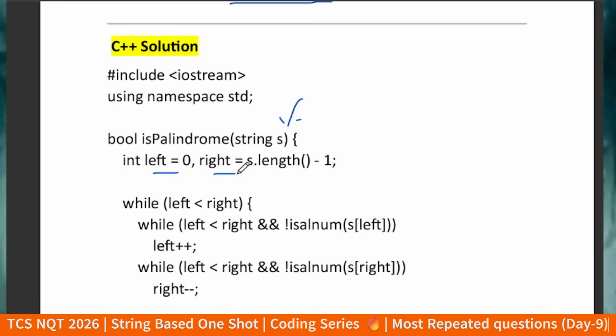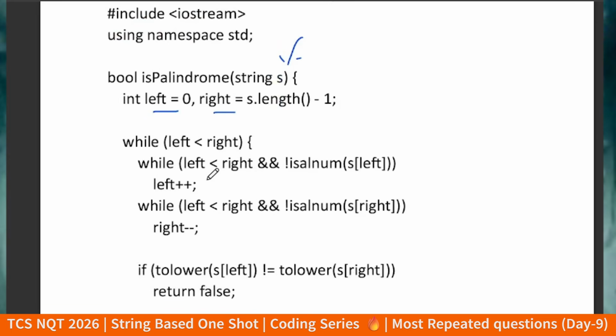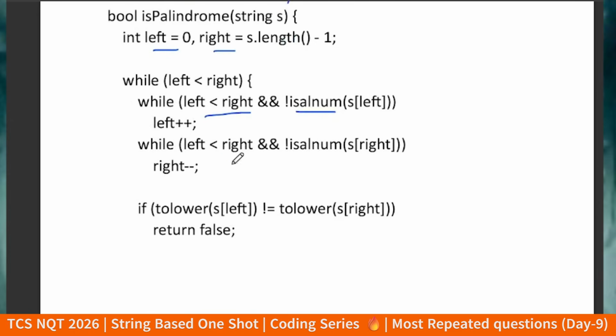So this is the two pointer approach: one pointer will be at the start, one pointer will be at the end, and you just traverse until this condition: while left less than right and not alphanumeric in s[left], then left plus plus, and the same thing: if left less than right and not alphanumeric from the right side, then right minus minus. So you know, we increment left and decrement right.